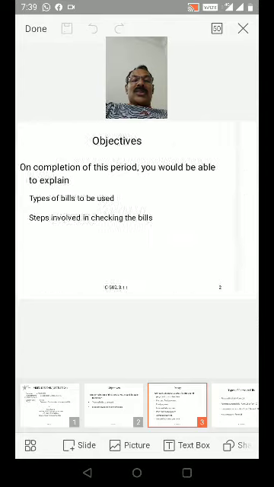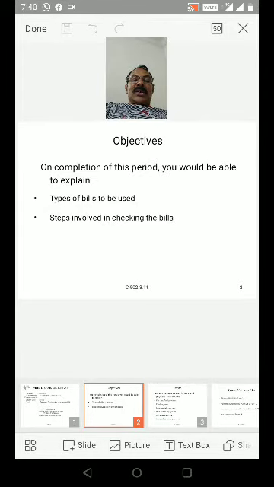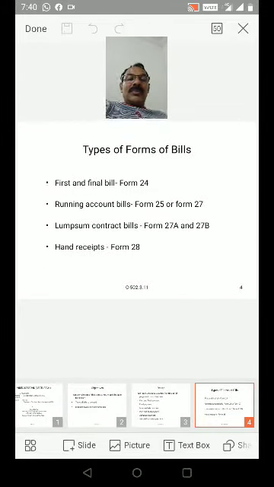Now in this class we are going to discuss the types of bills to be used and the steps involved in checking the bills. Types of forms of bills: first and final bill, Form 24.